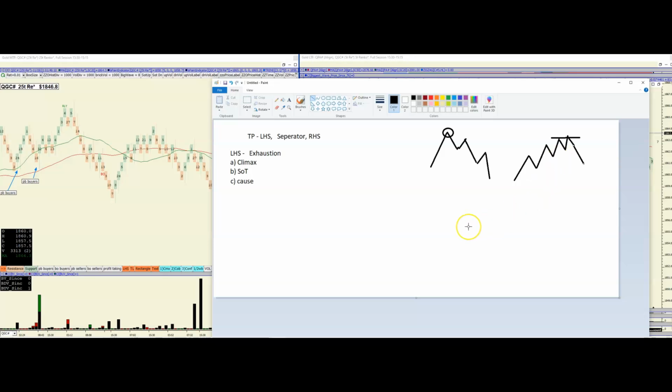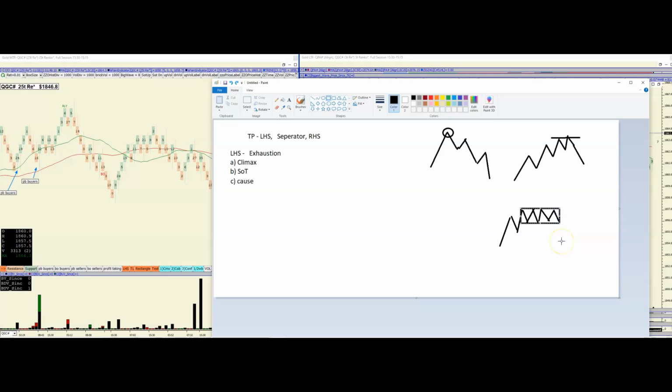And cause is not just, okay, accumulation, blah blah blah. Cause can also be failure to go up higher. So imagine you're up there, right? And the market does this. A lot of the time Wyckoffians will see this and say, oh, this is cause, this is distribution or whatever.